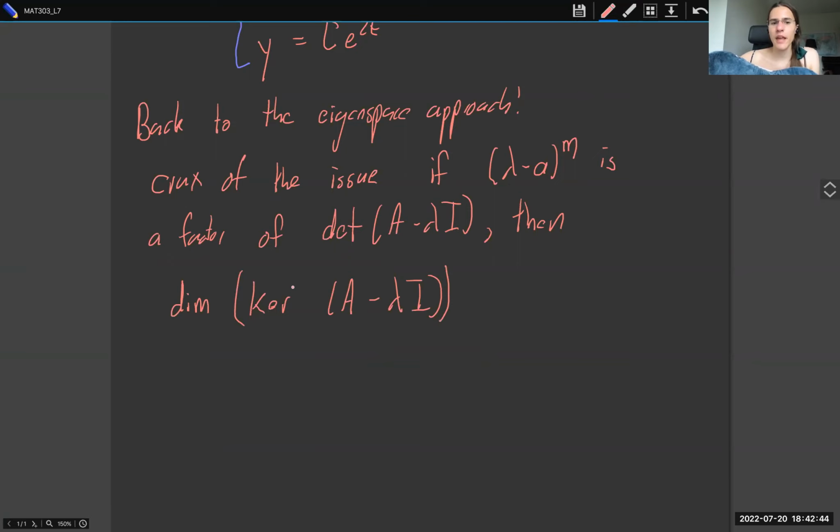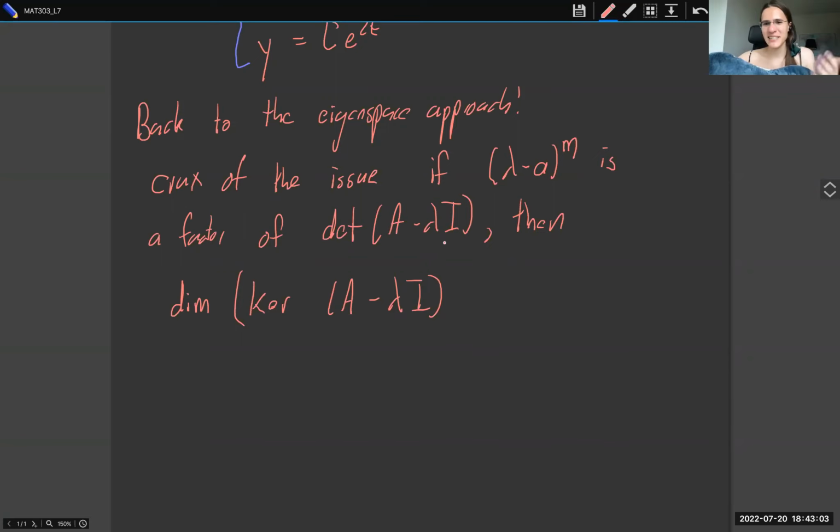So first off, if you have something in the kernel of a minus lambda I, then that thing is what? I didn't hear that, but I think you probably meant to say eigenvector, right?